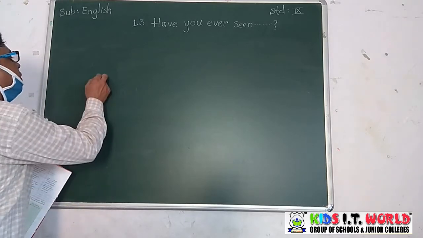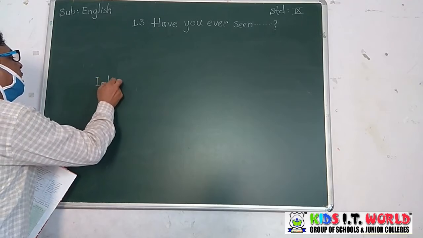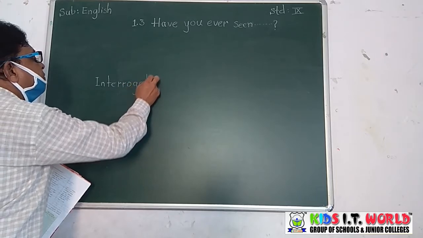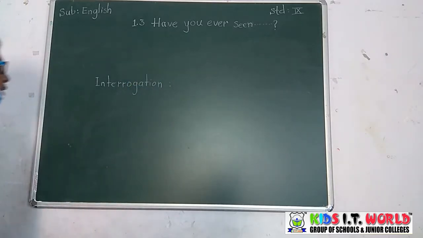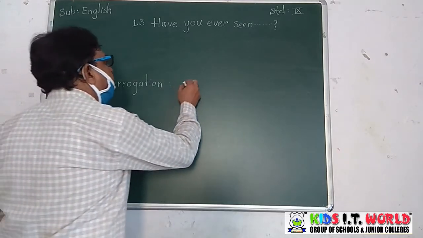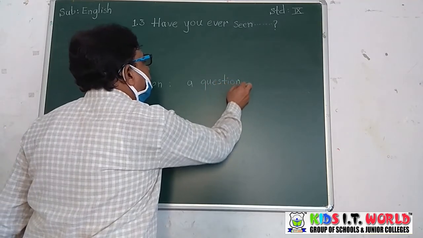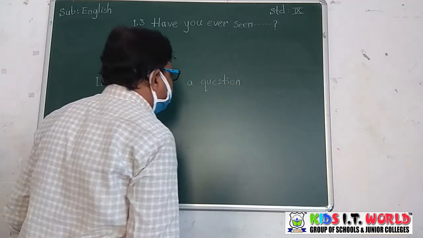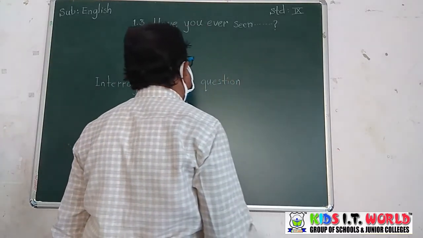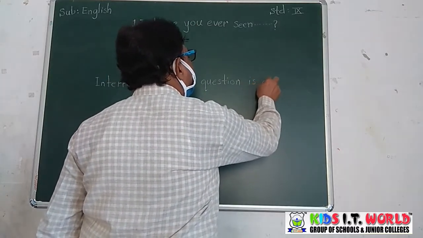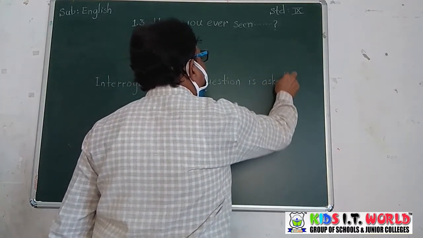Dear children, you might be well aware of the figure of speech interrogation. What is interrogation? When a question is asked not for getting the answer, but to stress your point, that question is called a rhetorical question, and therefore the figure of speech is interrogation.